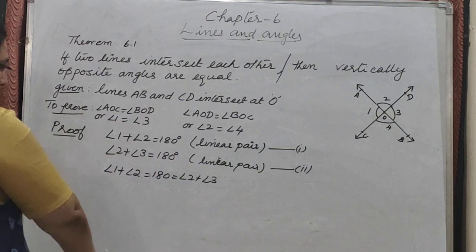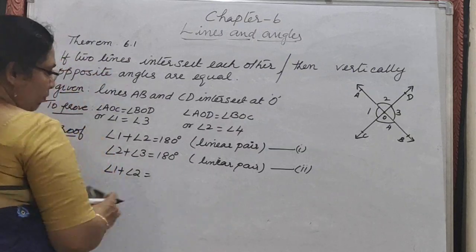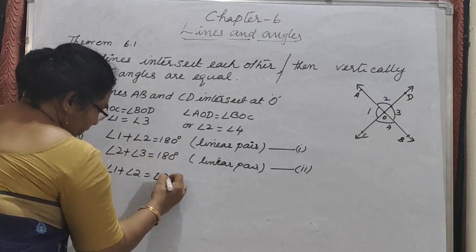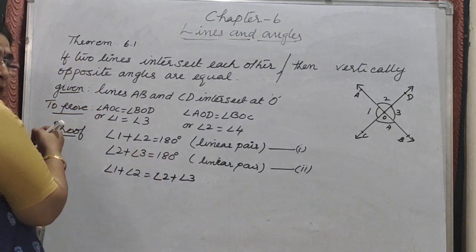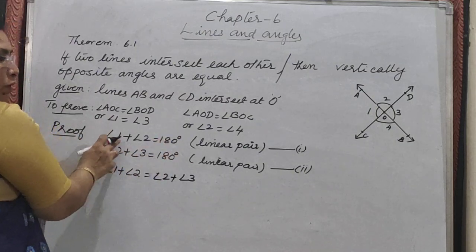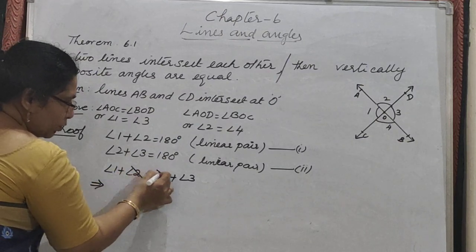So instead of 180, I can write angle 2 plus angle 3. Angle 1 plus 2 equal to 180, so instead of 180, I can write angle 2 plus angle 3. So this is Euclid's axiom: things which are equal to the same thing are equal to each other. Now from this, what is the implication? 2 can cancel on both sides.